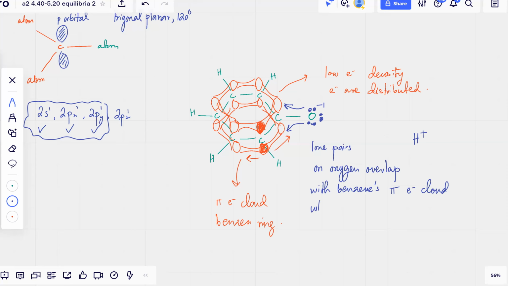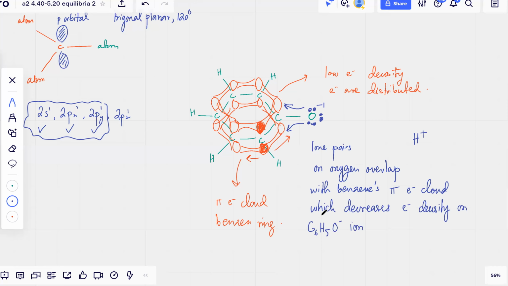Which decreases electron density on this phenoxide ion, which is C6H5O minus 1 ion.